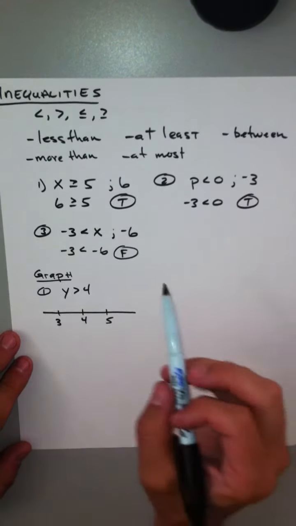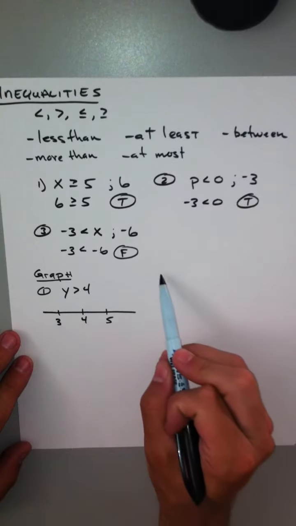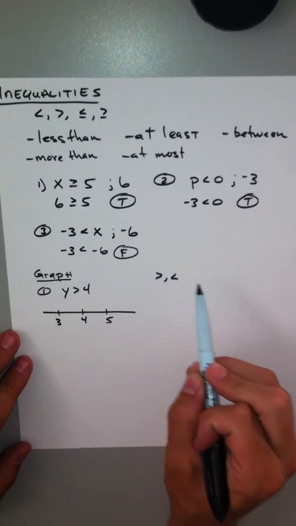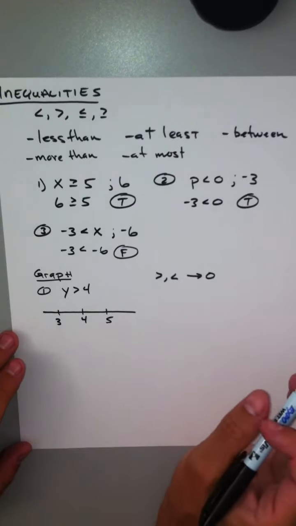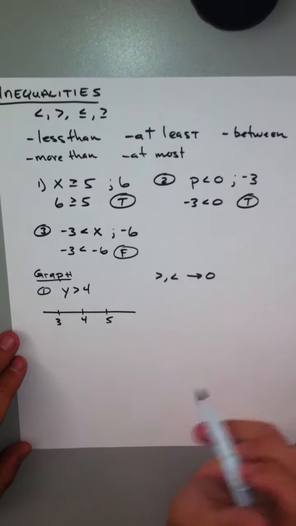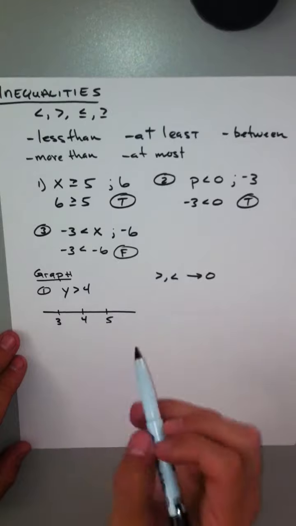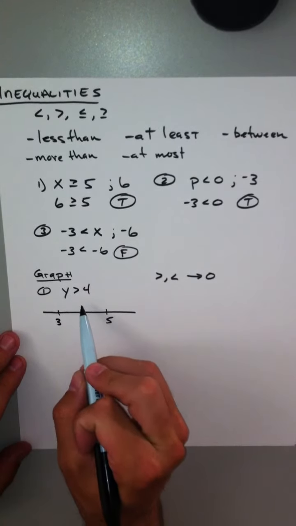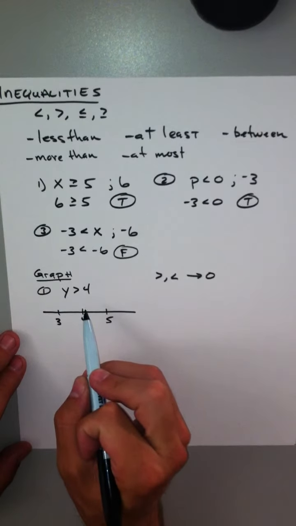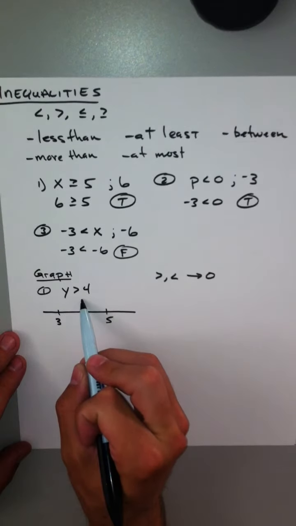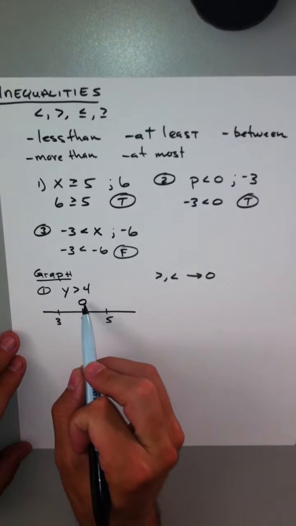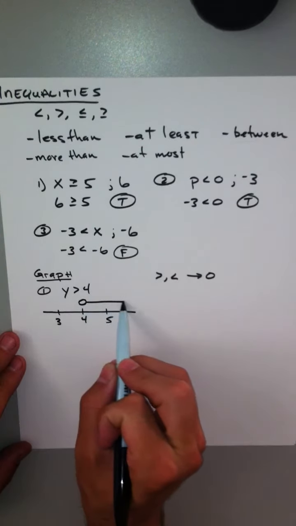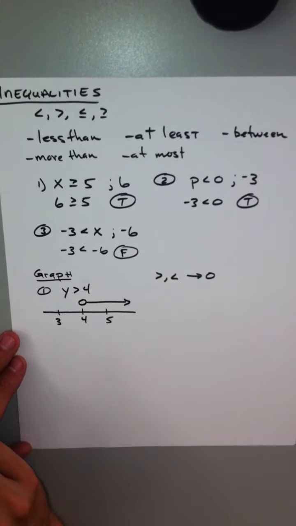Any time that you have a greater than symbol or a less than symbol, you're going to use an open circle, because that means it doesn't include that number. Your teacher might have something slightly different, but in general, you put an open circle where the 4 is. Where are all the numbers that are bigger than 4? They're in this direction. And there you go, I graphed it.